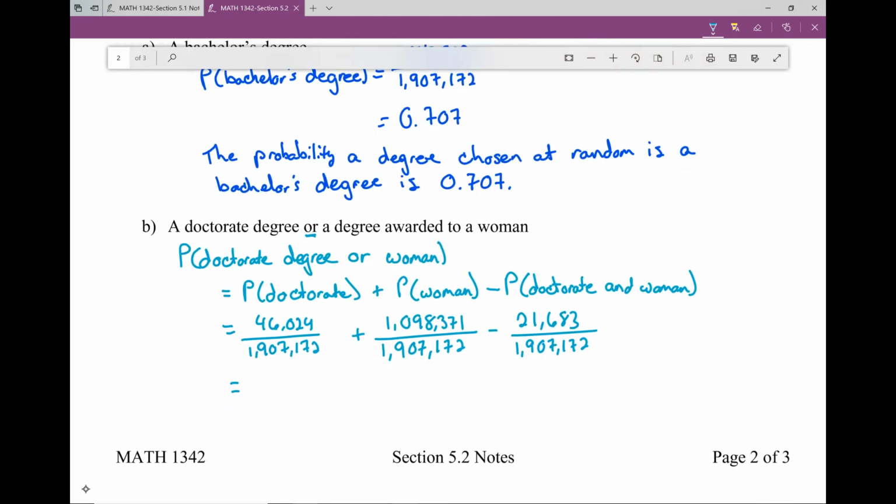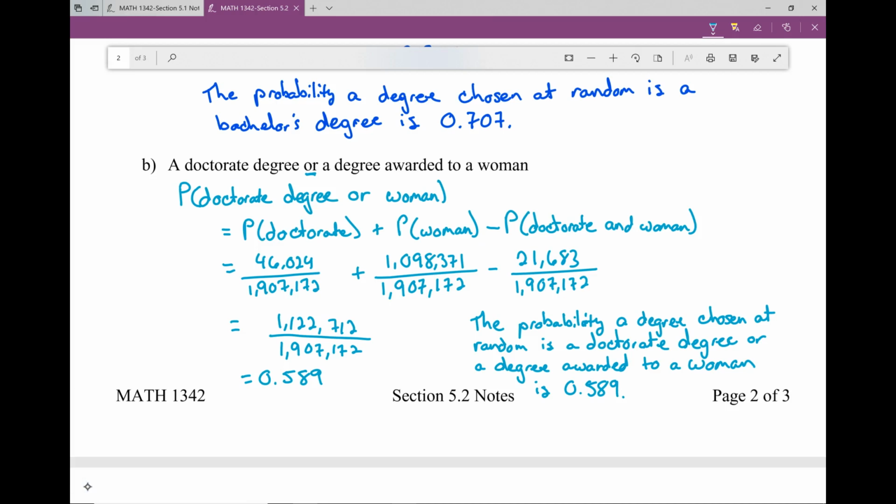When doing this, notice my denominators are all the same, so I can just look at the numerators. I can add and subtract my numerators for a total of 1,122,712 on my numerators out of the 1,907,172, and I'm going to get that that's 0.589.